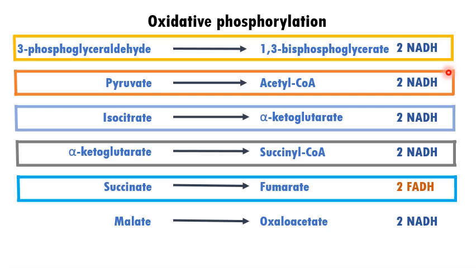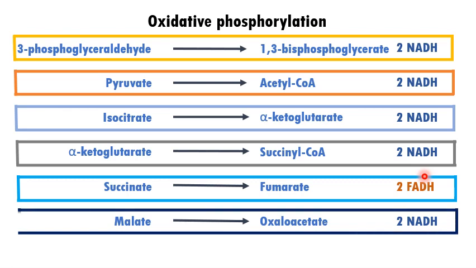H stands for reduced form, plus stands for oxidized form. Here also FAD stands for flavin adenine dinucleotide, reduced form. So here FADH will be liberated. And the last reaction of the citric acid cycle also produces 2 NADH, where the malate gets converted into oxaloacetate.